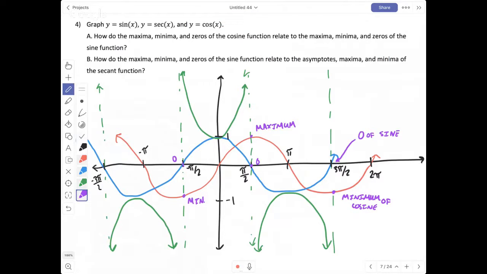And same thing the other way around. Whenever cosine is at a 0, like there, 0, then sine is at a min, like that point, min of sine, and it could be a max, like there's a, uh-oh, the blue graph was cosine. What am I doing? Blue graph, cosine. Sorry, red graph, sine. My fault.